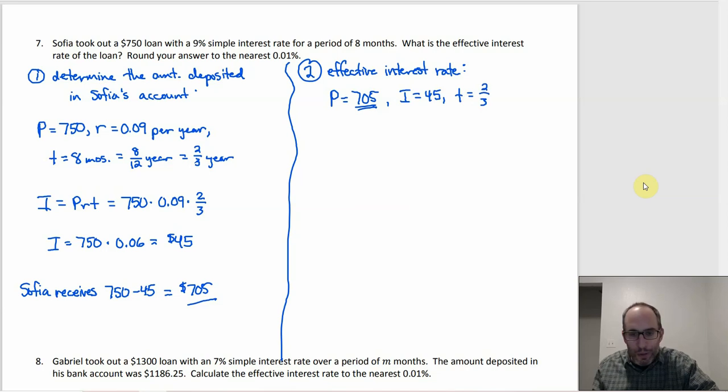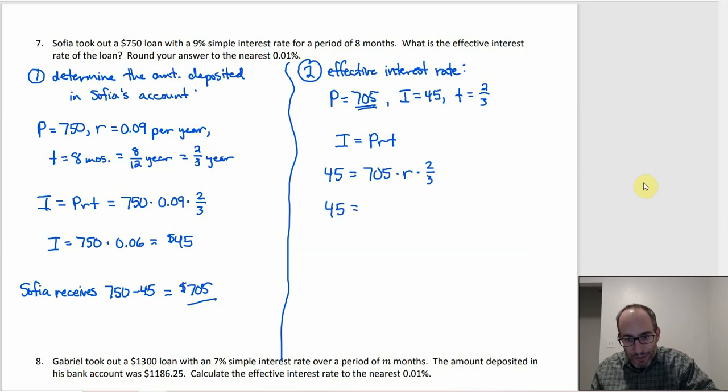Okay. Well, then we should be able to solve for R using our old war horse of a formula, I equals PRT. And if we sub in, we're going to have that 45 is 705 times R times 2/3. And it works out that 705 times 2/3 is an integer. It's 470. So 45 equals 470R.